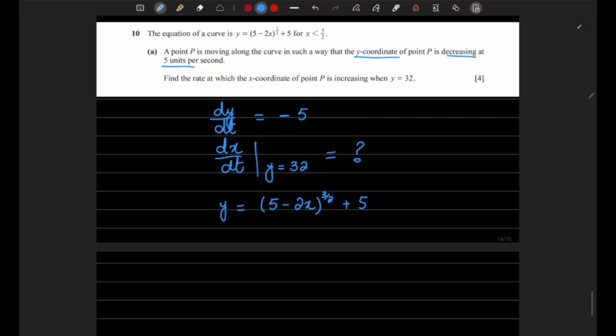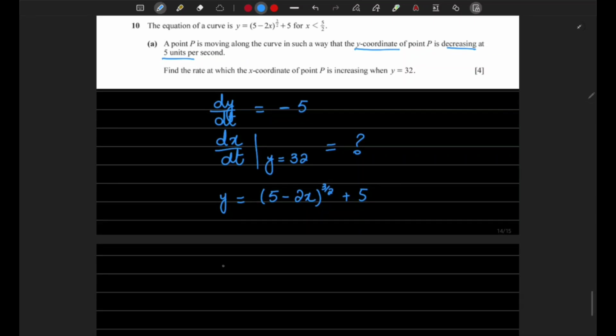How do you use the chain rule in these rate questions? dy over dx will be equal to dy over dt times dt over dx. So here, what do we need?